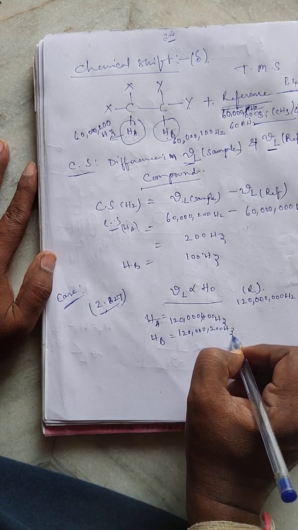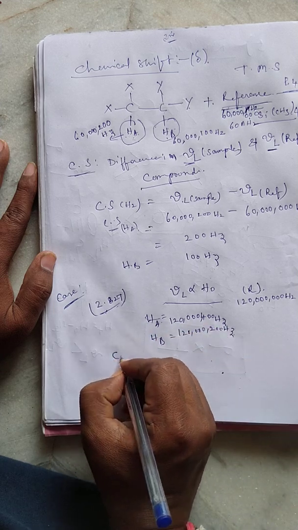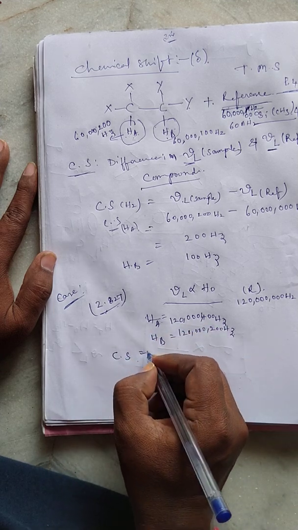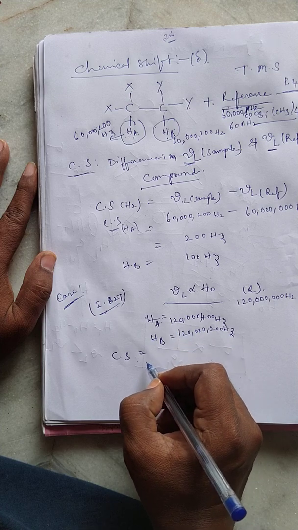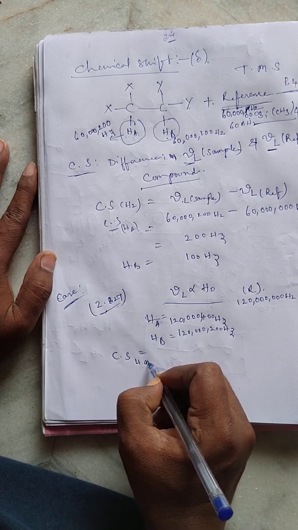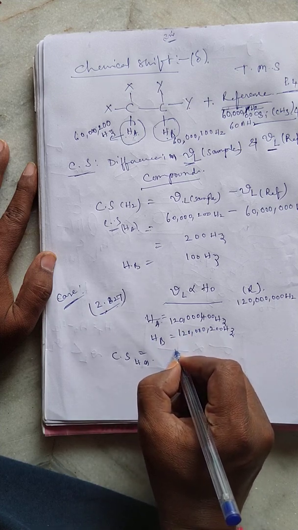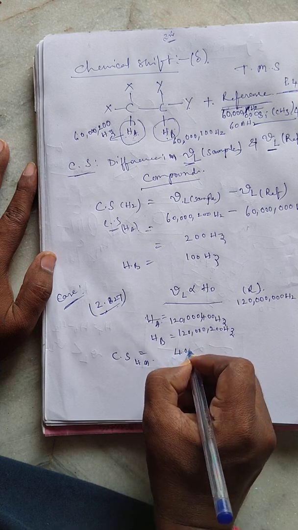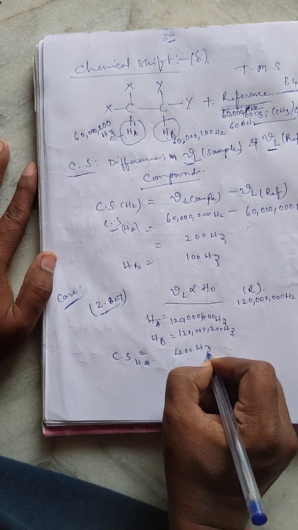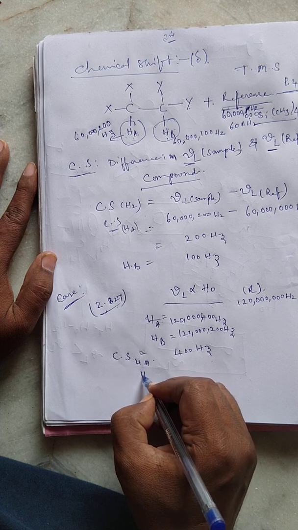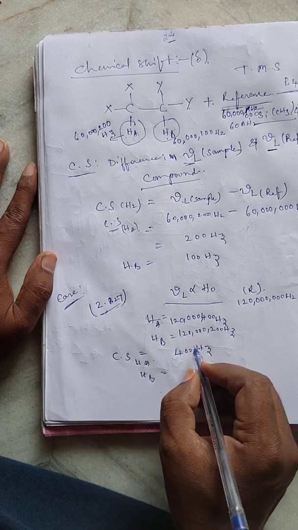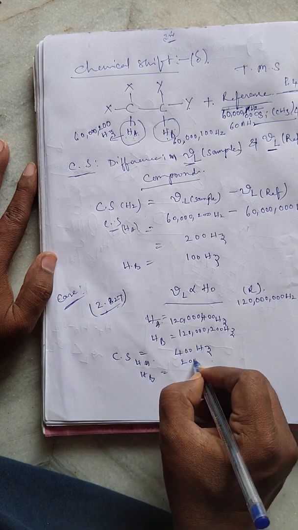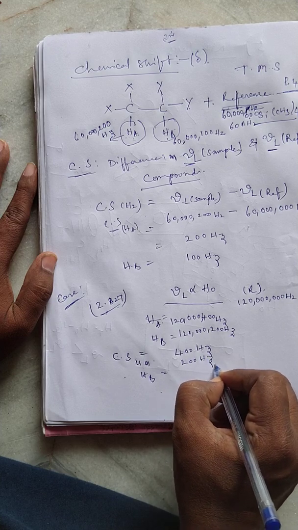And if you calculate the chemical shift now, for HA it is 400 hertz, and for HB it is 200 hertz, right?